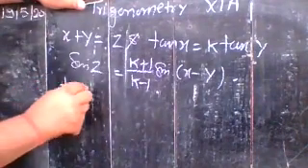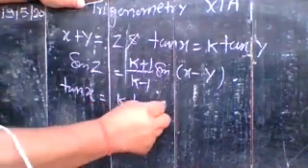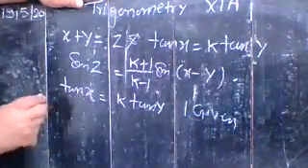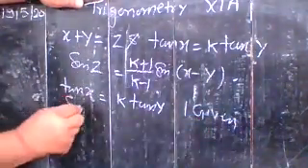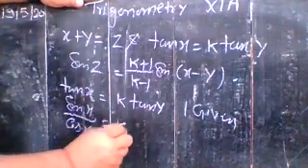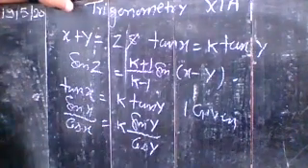So here you can write tan x is equal to k times tan y. That is given. Applying it, sin x upon cos x is equal to k times sin y upon cos y.